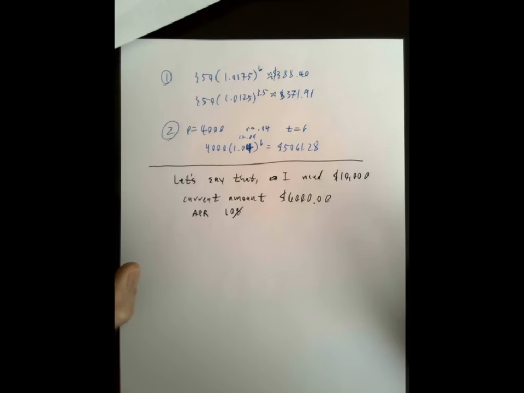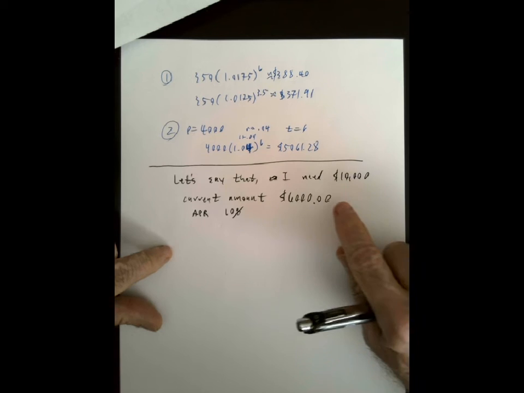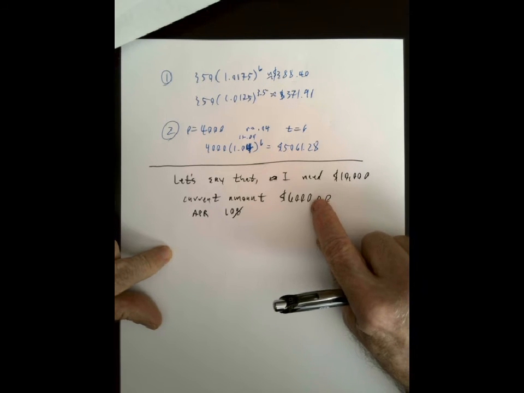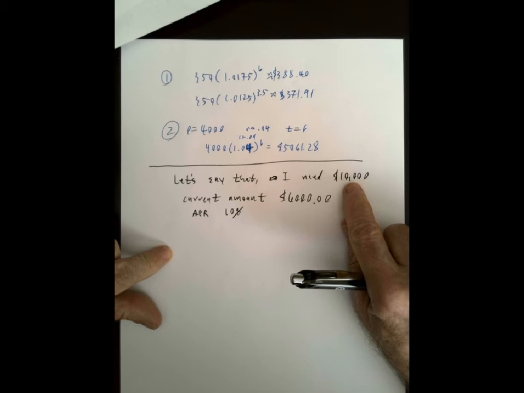Annual growth rate or annual percentage rate means that every year the amount will increase 10% over what it was the year before, right? So I've got 10% and I've got $6,000. Now the question is, how long will it take that investment to go from $6,000 to $10,000?